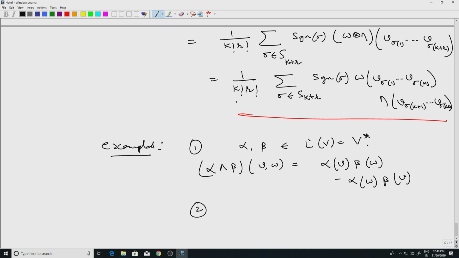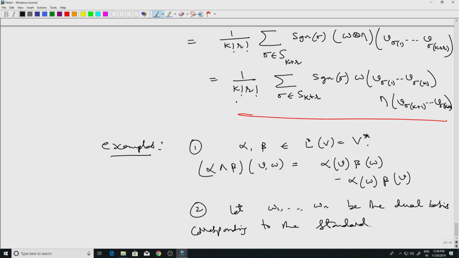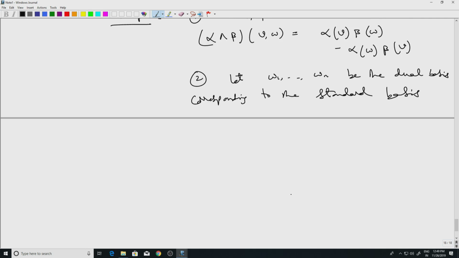Now the other thing we can do is let omega 1 up to omega n be the dual basis corresponding to the standard basis e1 up to en of R^n.